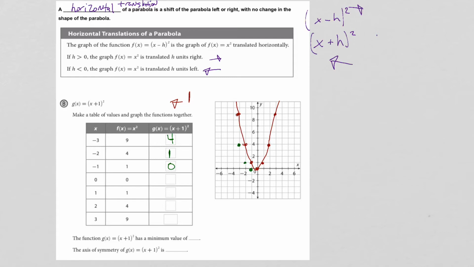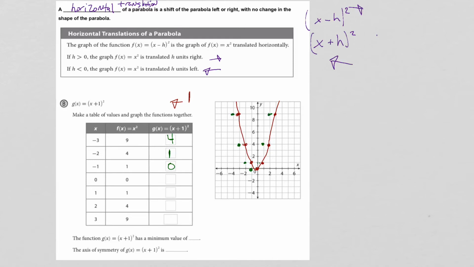I'm just going to shift everything over 1, because that's what's happening.